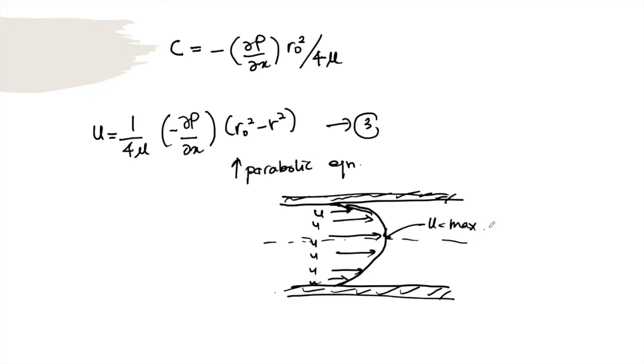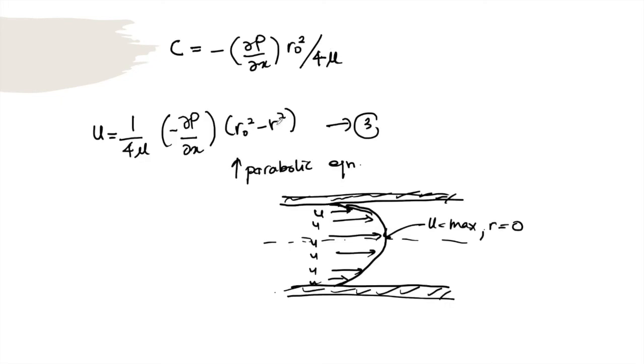So how do we find the maximum velocity? Is there any equation that can find it? Yes, you may use equation number 3, and then you have to substitute the condition at that point. So u is maximum when r is 0.